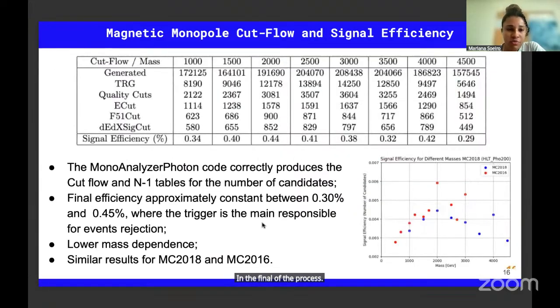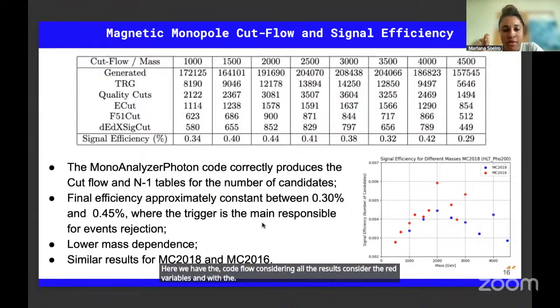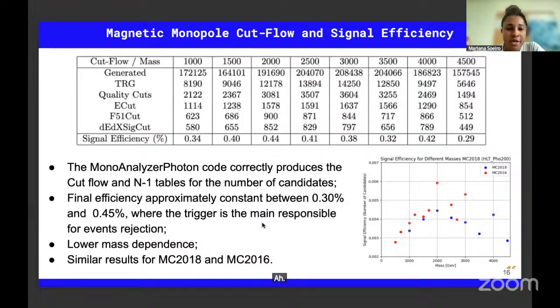Here we have the cut flow, considering all the results and the variables, with the application of the cuts. The trigger is the main one responsible for the final efficiency.